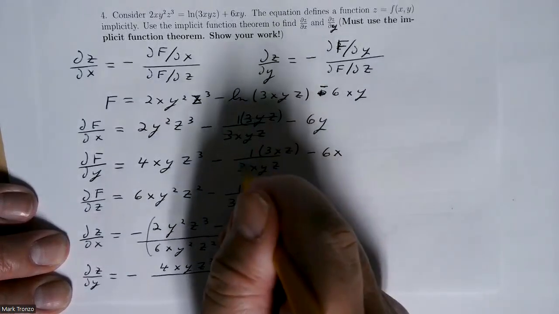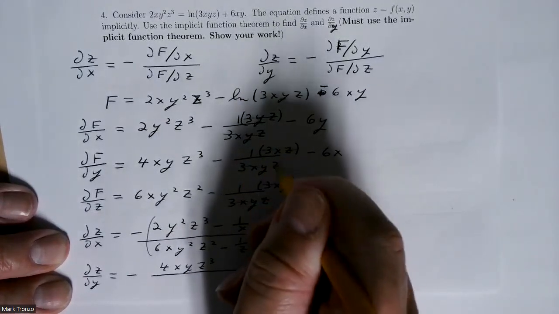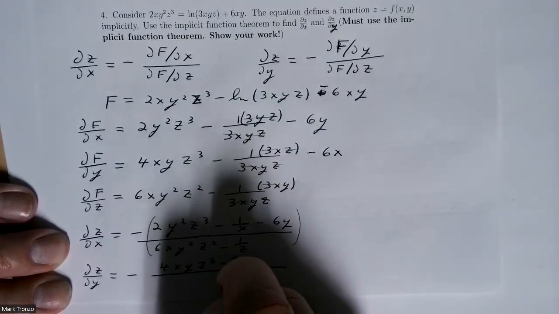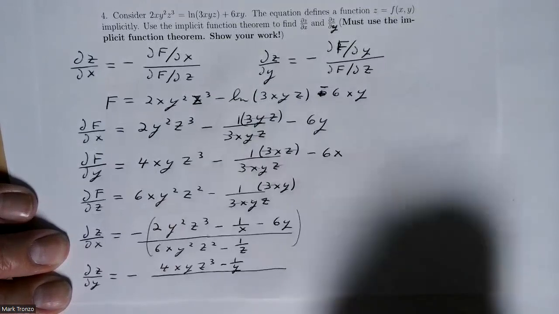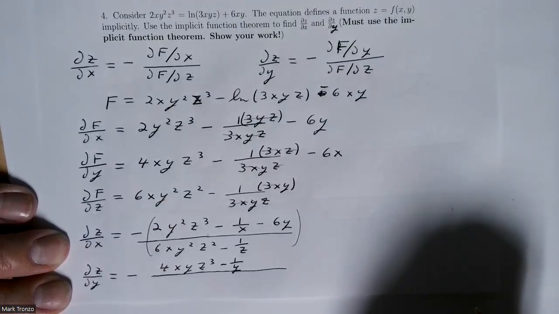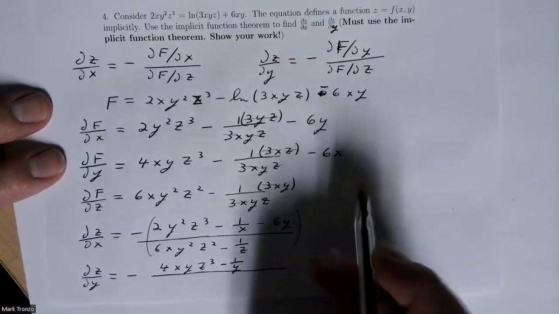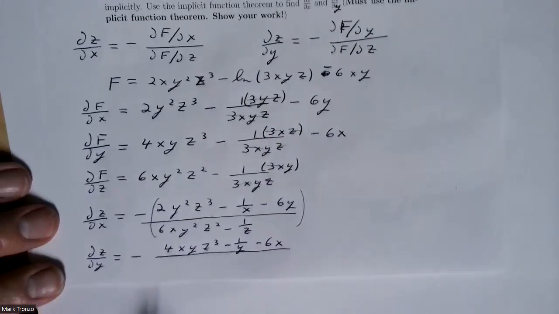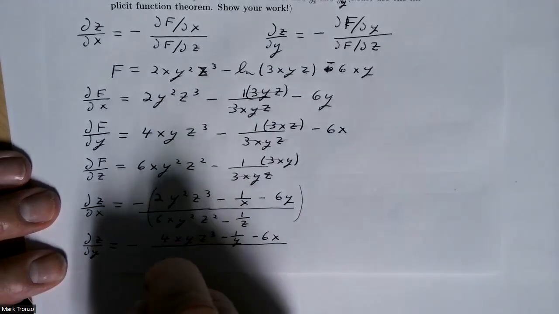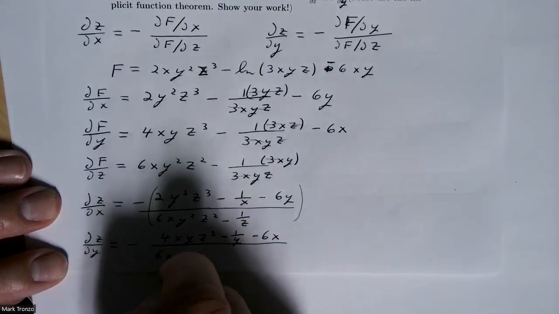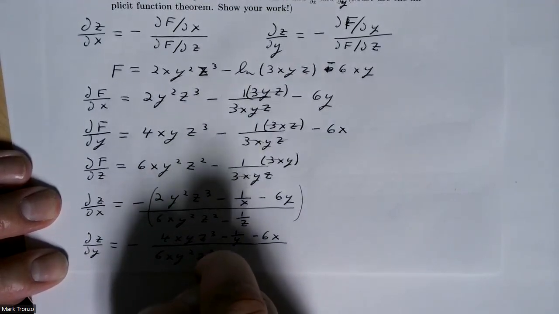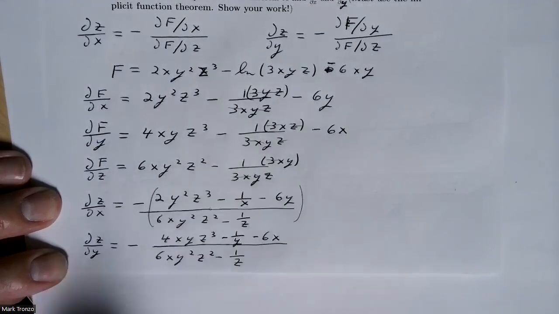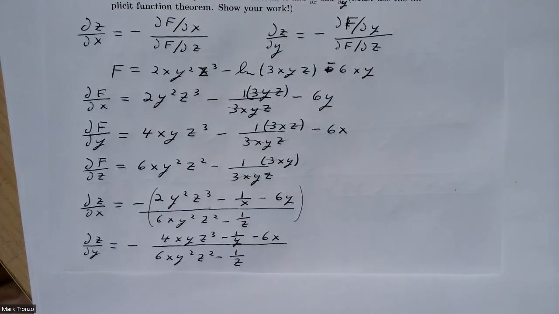And once again, we can cancel stuff here as well, can't we? We can cancel those out, so we end up with 1 over y, and then minus 6x. And then in the denominator, we're going to have 6xy squared z squared minus 1 over z, with a negative in front.